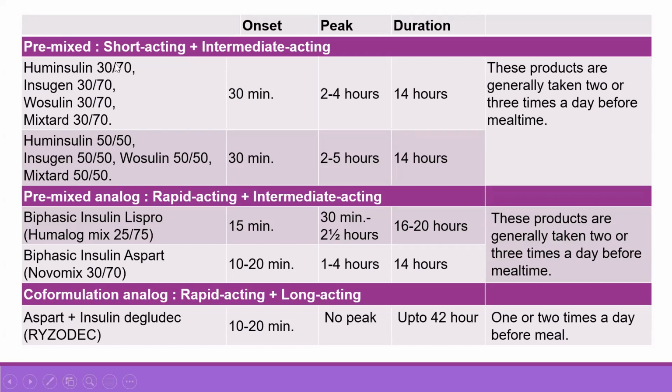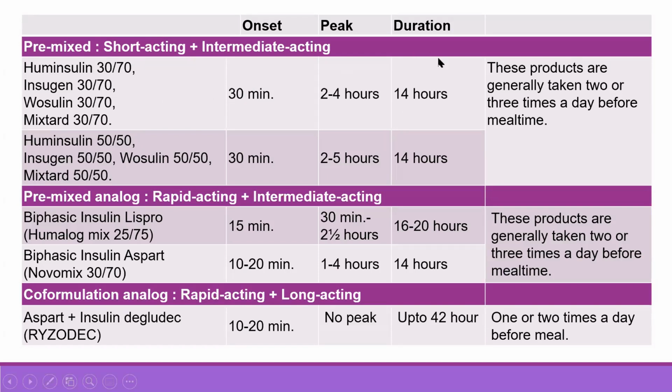So these insulins are basically a mixture of regular insulin and NPH insulin. Because they contain regular or short-acting insulin, you have to inject them 30 minutes before the meal. Conventionally, we give this insulin before breakfast and before dinner. We expect a duration of action of roughly 12 to 14 hours because it contains NPH insulin.